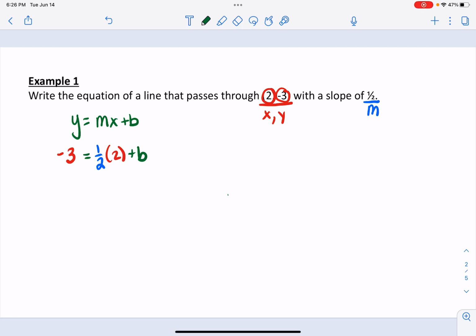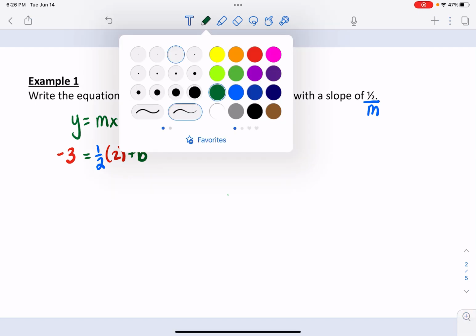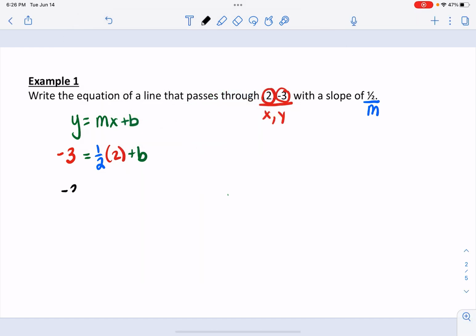So now it's a matter of simplifying. I say negative 3 equals 1/2 times 2. That cancels to be 1, plus b. I subtract the 1 over. It is okay if you need to show that so that you don't make a mistake. So now it's just a matter of filling in. Y equals mx plus b.